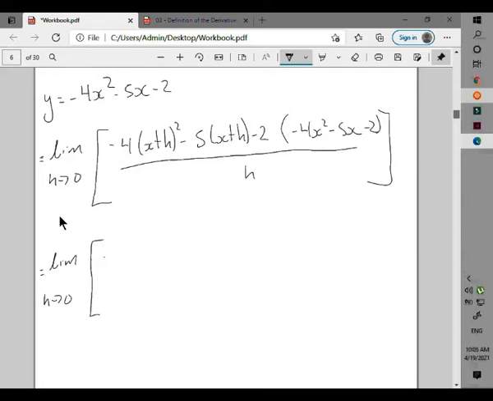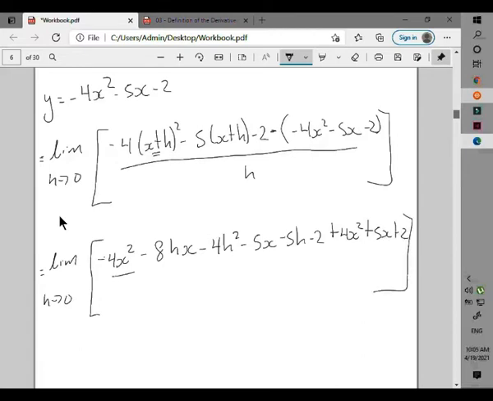So this is after you expand here and then multiply by minus 4, so it's gonna be minus 4x squared minus 8hx minus 4h squared minus 5x minus 5h minus 2 plus 4x squared minus 4x squared plus 5x plus 2, which is being divided by h. This cancels this. 5 cancels that.